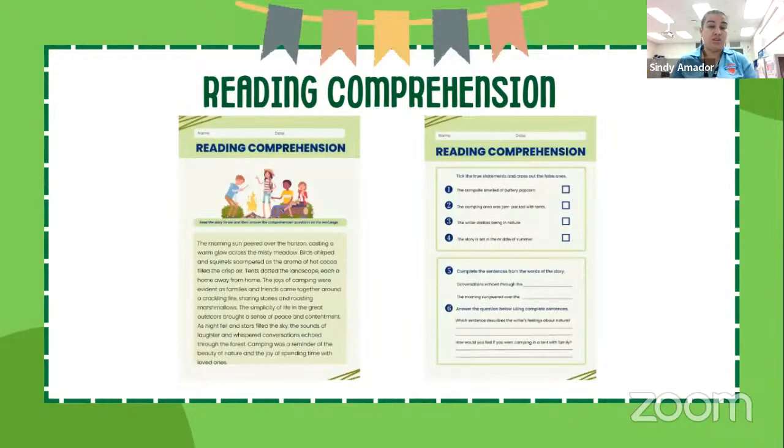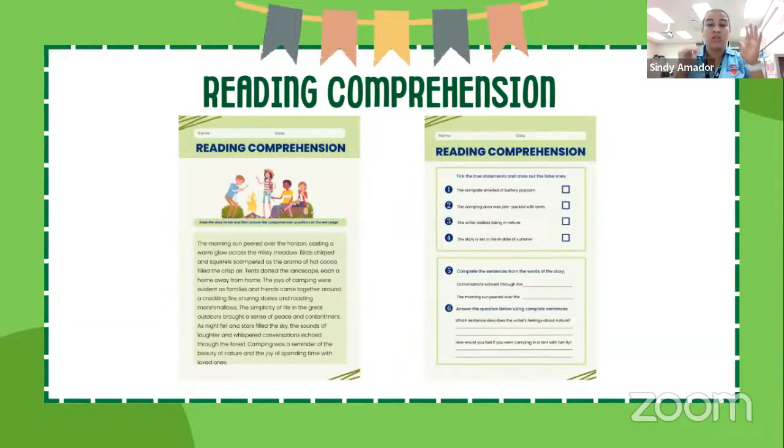Reading comprehension. Let's say that you needed to practice activating prior knowledge. You needed to practice reading comprehension, listening comprehension. You needed to practice grammar. Canva has it too. Again, you can always modify this. And remember, as in a previous presentation that we had, with technology it may not always be perfect.